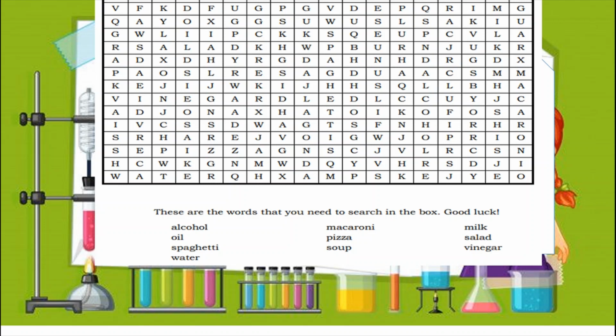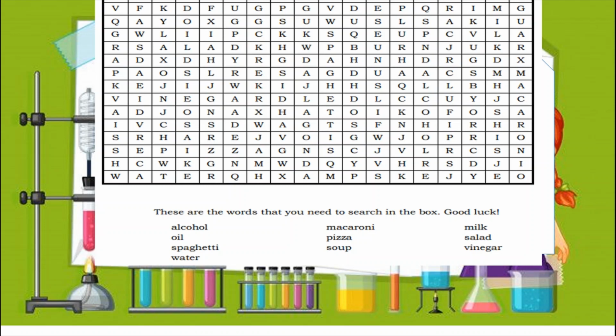So, sa box, children, daghan kaayo siya og mga letters. So, ang atong pangitaon nga word kay, of course, ang gigamit kaayo karon, alcohol. O diyan siya, dala ta always alcohol pag mulakaw ta. Oil, ginagamit nato na siya sa pagluto sa kusina, no? Spaghetti. So, mao ang bida every birthday nato, spaghetti.